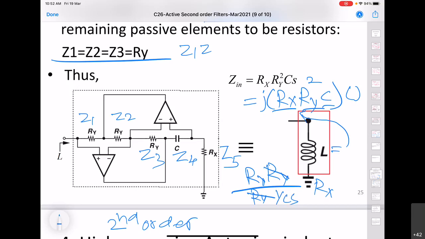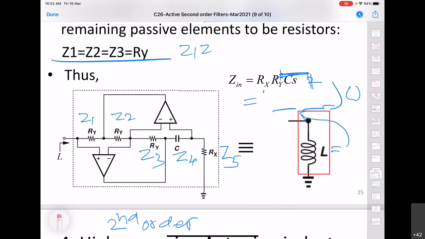Yes, so here also we will have the same thing. Yes, you're right. So there is a mistake here, and it will be Ry. So here also we get the same expression.